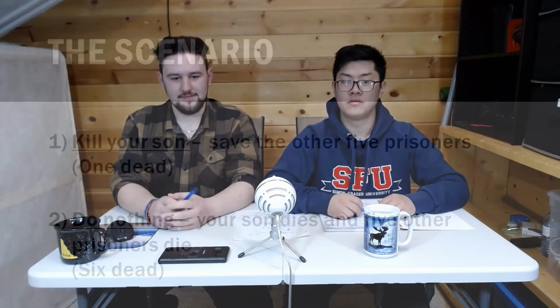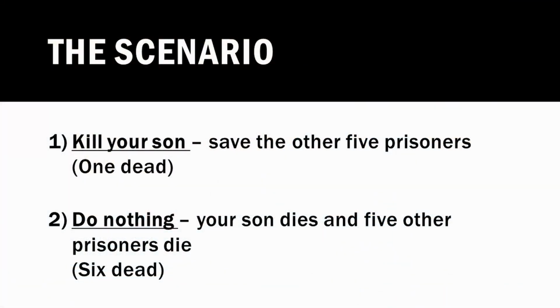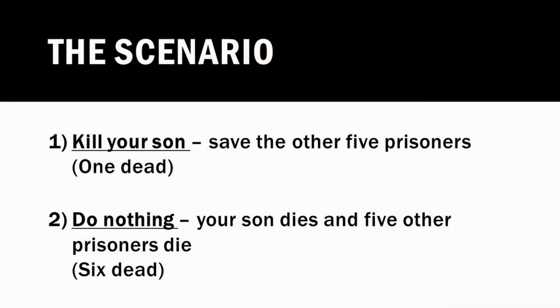So there are two outcomes of the prisoner's execution scenario. Either one, you kill your son by pushing the button, and the other 5 prisoners do not die, and that results in one person being dead. Or two, you do nothing, and the guards still kill your son, plus the 5 other innocent prisoners as well, which results in 6 people being dead.